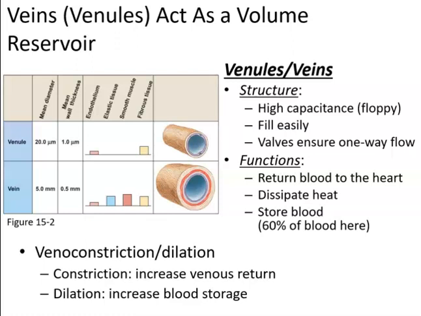Venodilation will increase the diameter of the vein, thus decreasing venous return to the heart and increasing blood storage. Okay, and we have certain pharmaceuticals which encourage either venoconstriction or venodilation, especially in terms of regulating blood pressure.